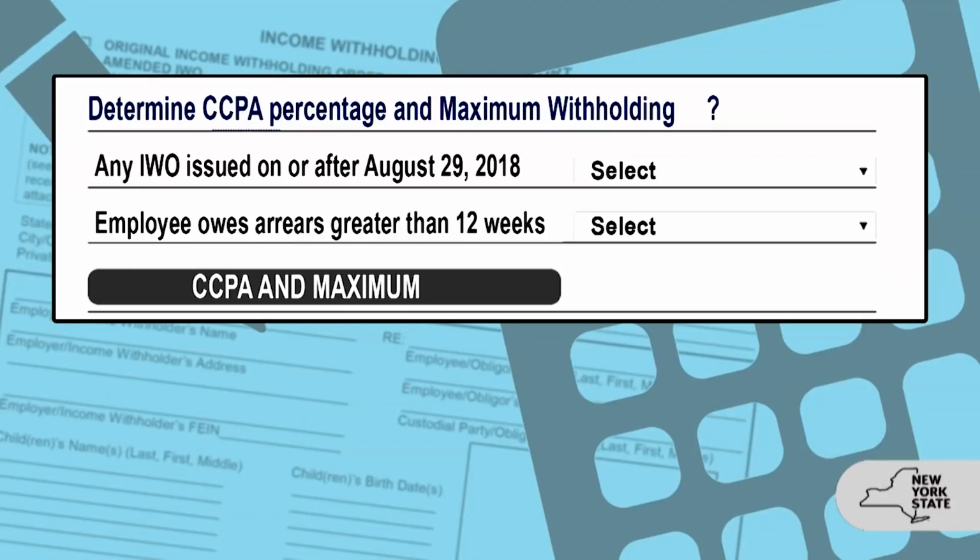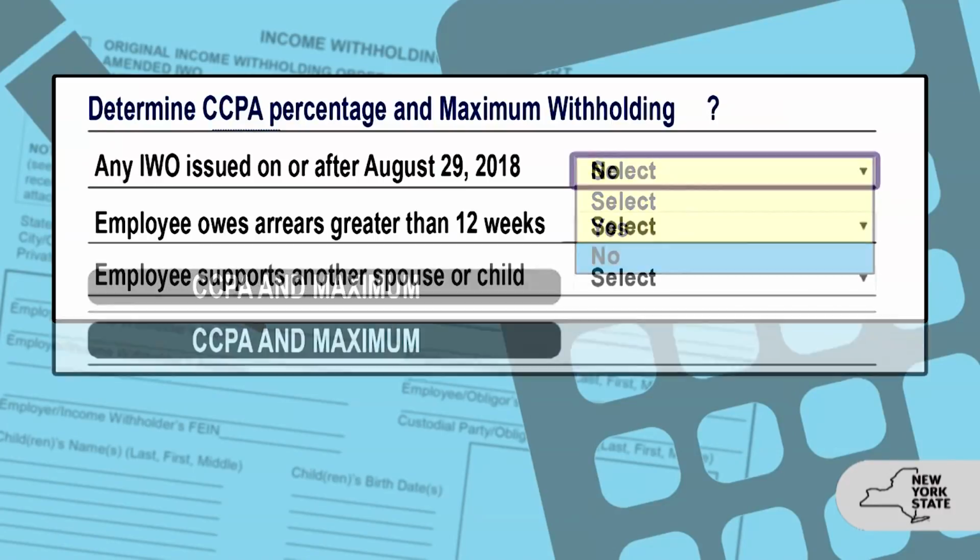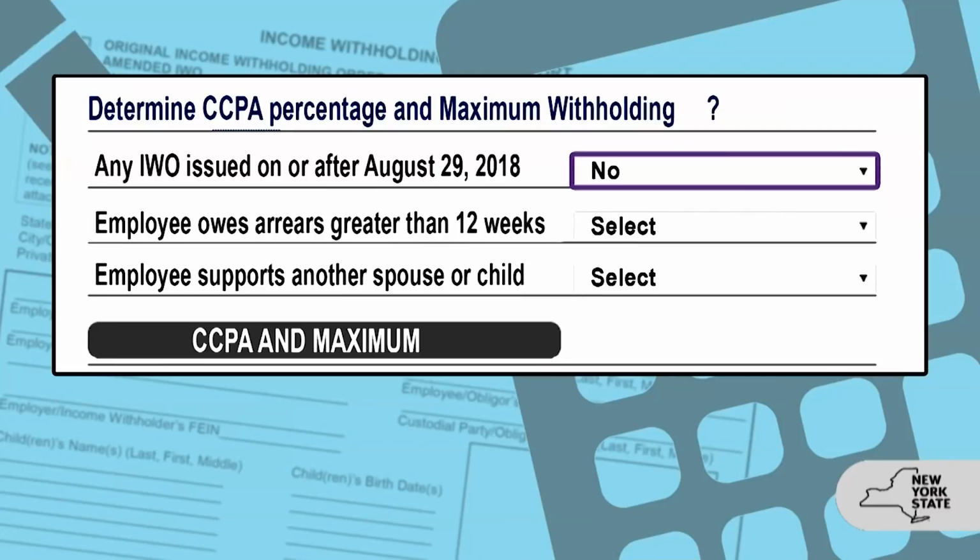The limitation percentage is affected by the date of the IWO, before August 29, 2018 or after, and other factors. Use the drop-down box to answer the question, any IWO issued on or after August 29, 2018. If the date of the IWO is prior to August 29, 2018, there are two questions we must answer to determine limitation percentage.